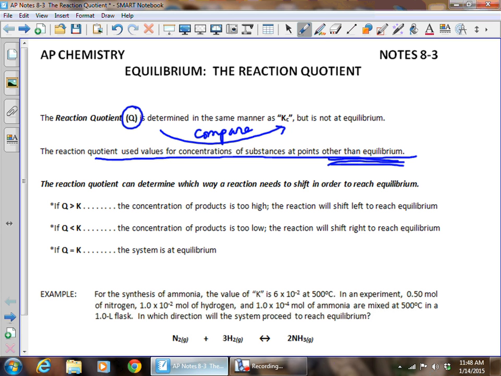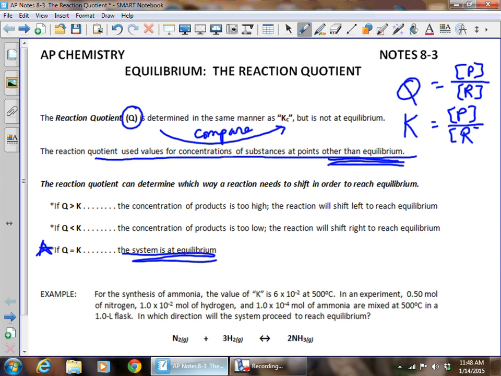What can we tell? Well, first of all, if Q is equal to the equilibrium constant, then the system is at equilibrium. However, if Q is greater than K, now let's remember how both Q and K are found. They are both the products over the reactants.